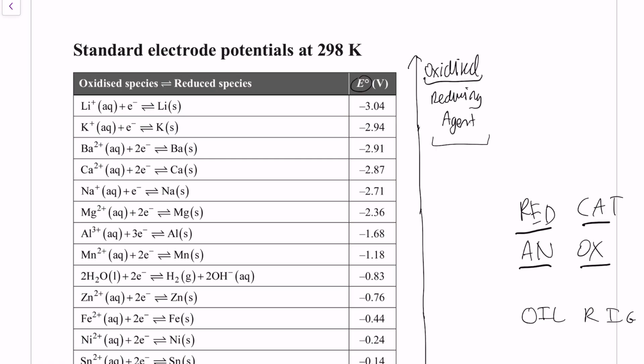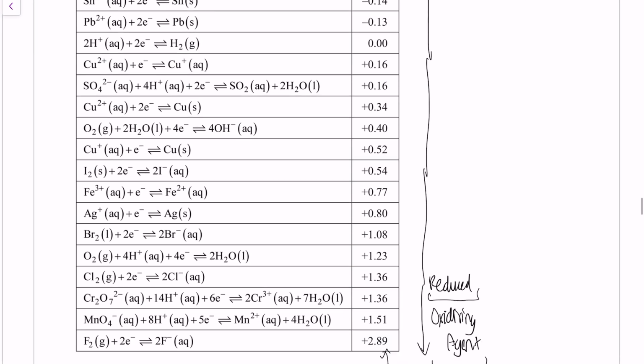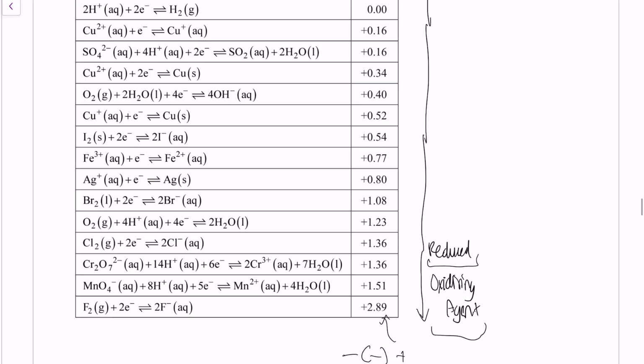So sodium. I know this part is sodium. Okay, so what I'm going to do is, with a pencil, so I can erase it for other questions, circle this E naught value in volts: negative 2.71. And I'm going to get chlorine. I know it's at the bottom here because that gets reduced.